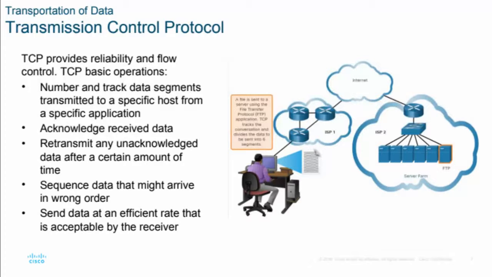TCP stands for Transmission Control Protocol. It provides reliability and flow control. It numbers and tracks data segments transmitted to a specific host from a specific application. Look here. The user is sending information.